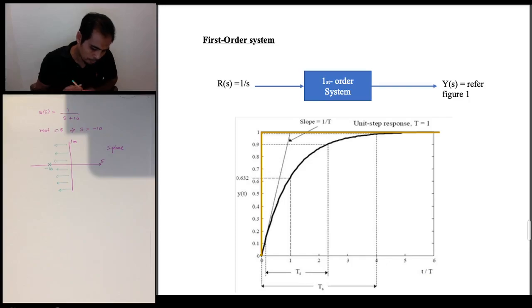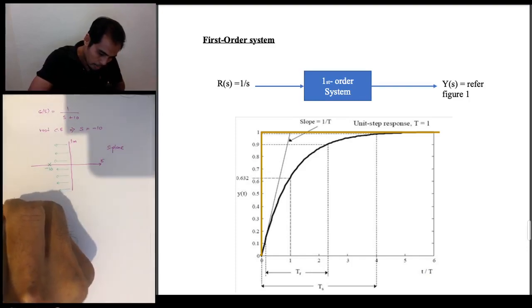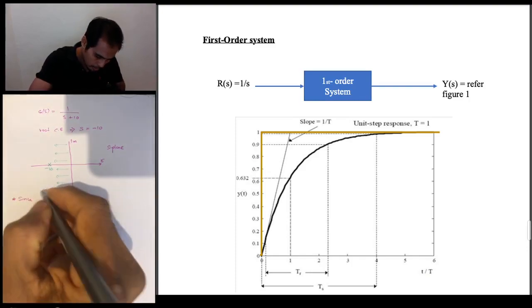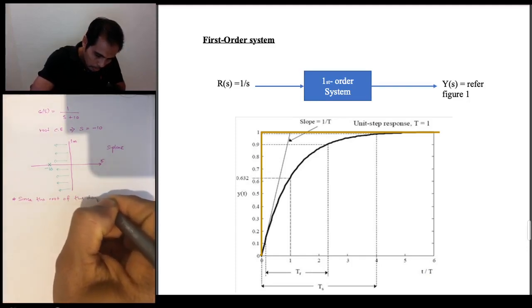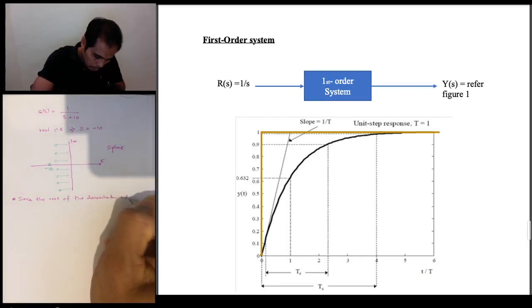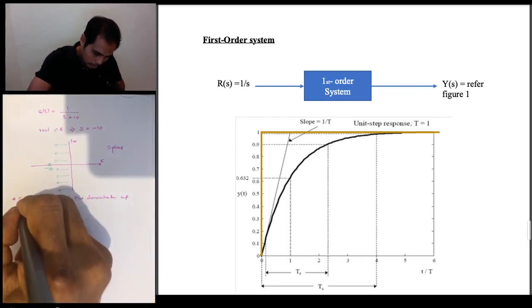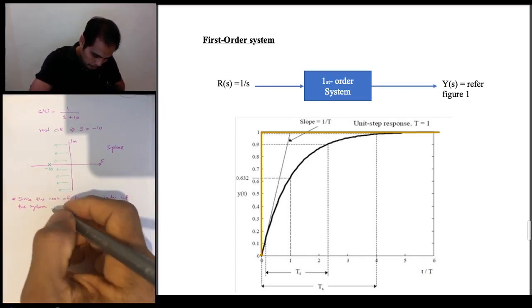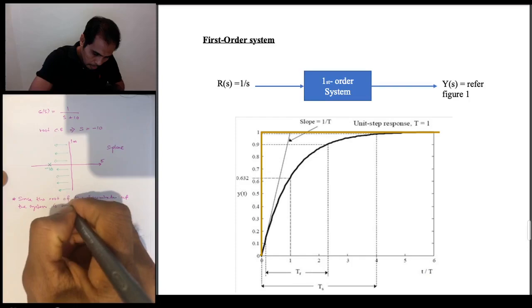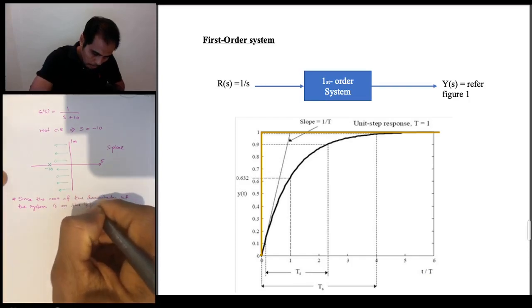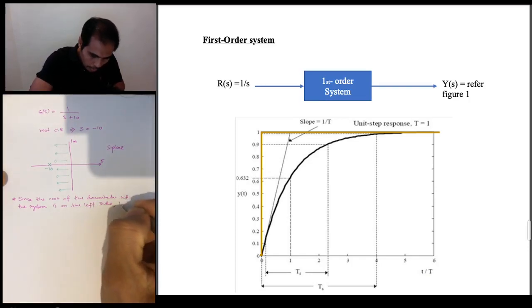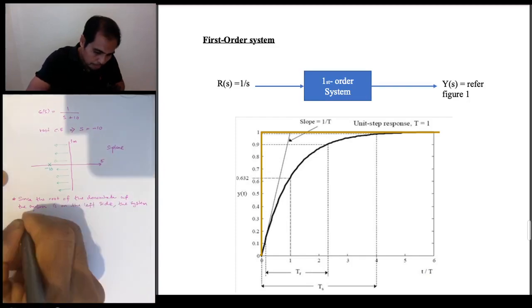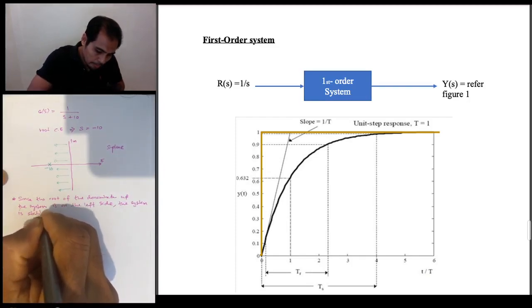So you can say that since the roots of the denominator of the system are on the left side, the system is stable.